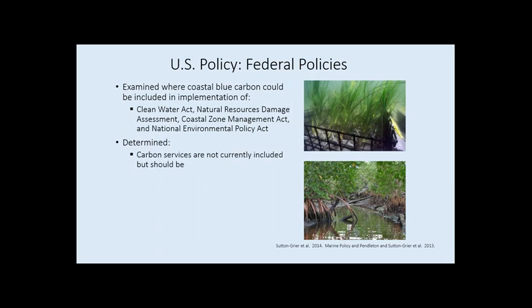And what we basically determined was that currently carbon services are not typically included when we implement these policies, but that if we did incorporate carbon services, this actually could lead to a great deal more habitat conservation and climate mitigation. And I want to give you an example of what I mean by that.